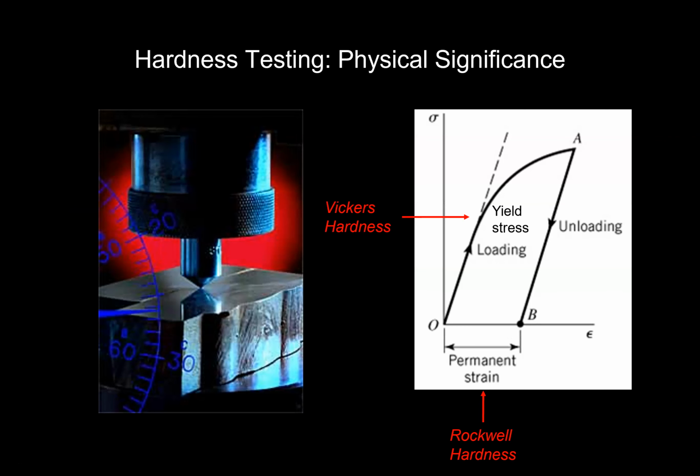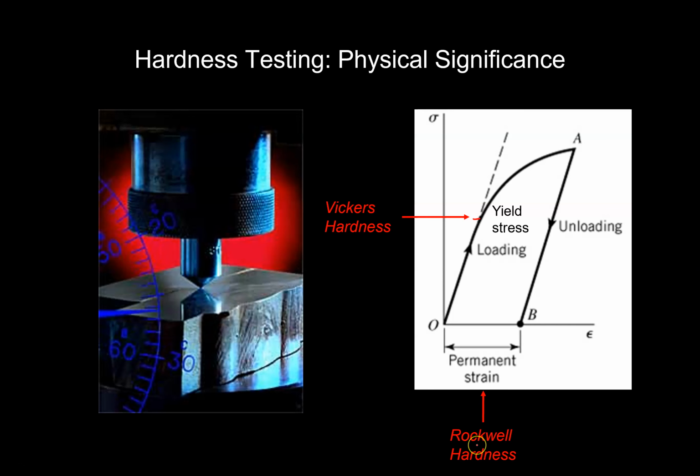If we compare this approach to Vickers and Brinell, there is a distinction between these methods. In the case of Vickers, we again measure stress or contact pressure, and you can show that the Vickers hardness is 3 times the yield stress in the material. So it's measuring a stress.